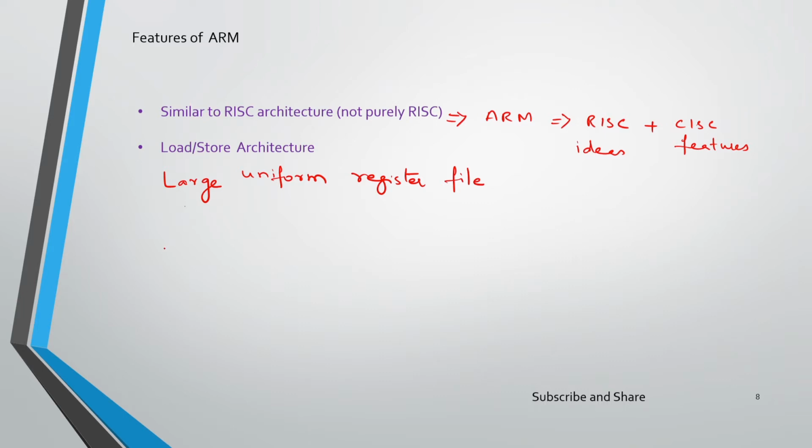Implementing the load and store architecture, what does it mean? It means that all the data processing operations are only between the registers and they don't involve any memory operation. Or I can also say that the data in memory can be accessed only by load and store instructions.